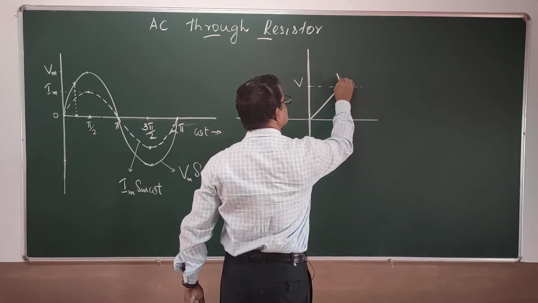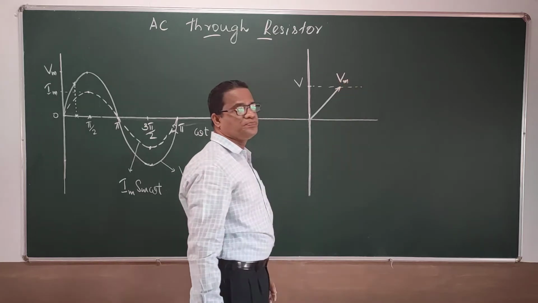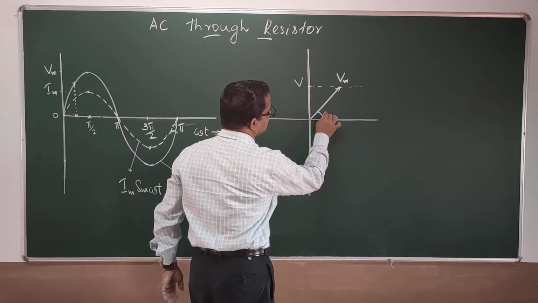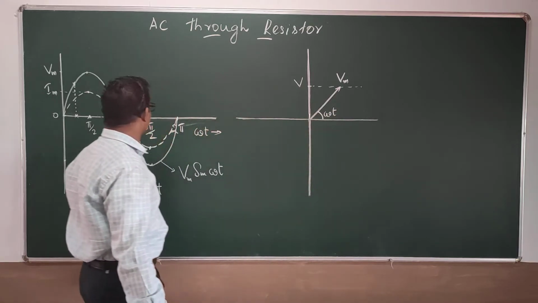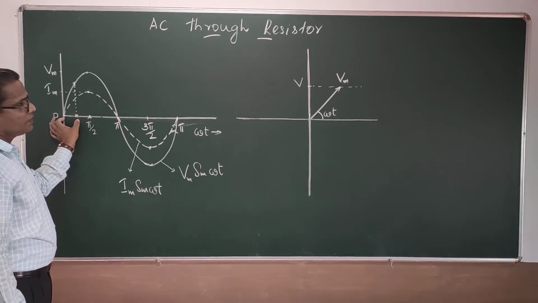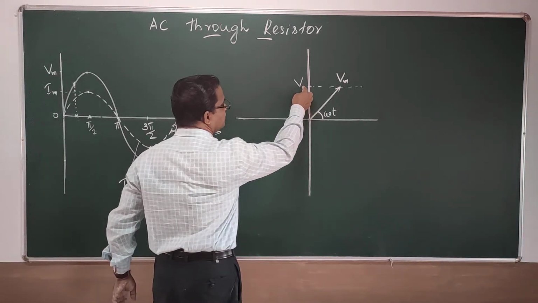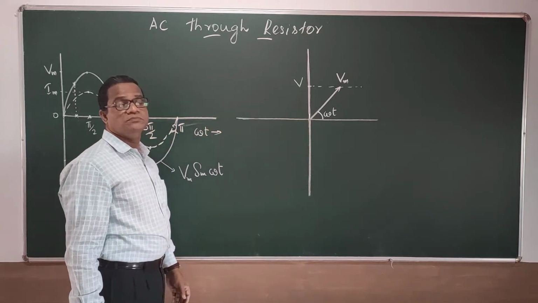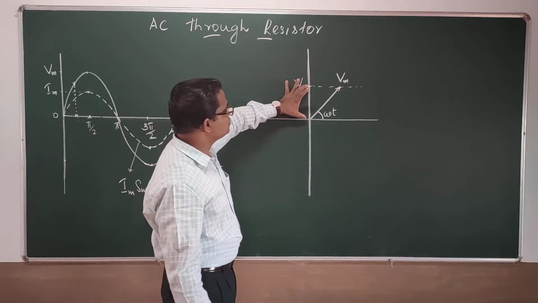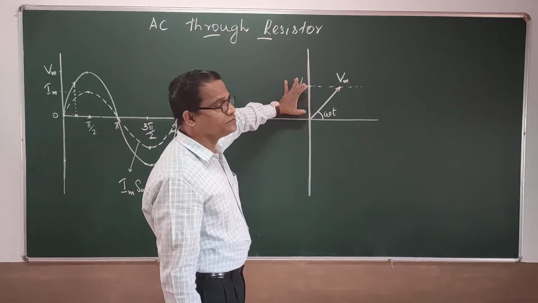This particular line is Vm. Then this angle is omega t. Then of course this will be your Vm sin omega t. So this measures Vm sin omega t.